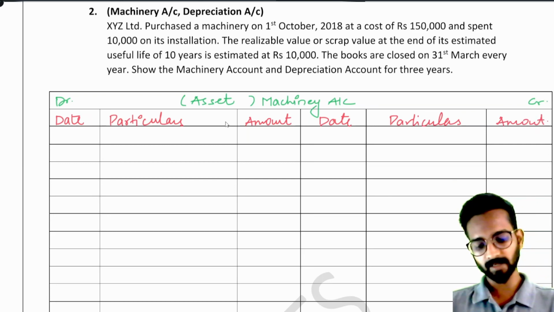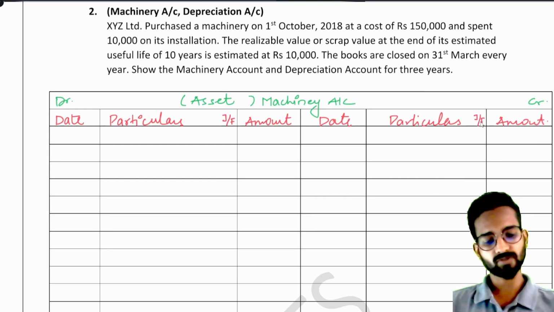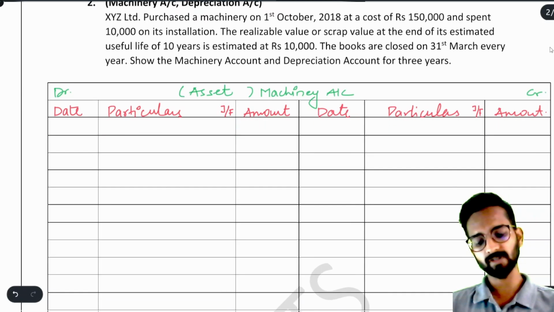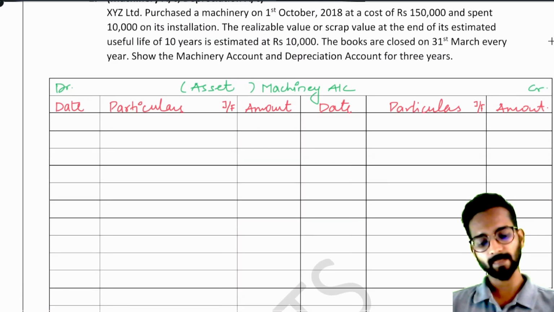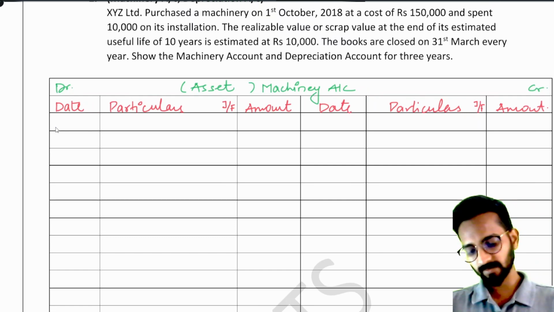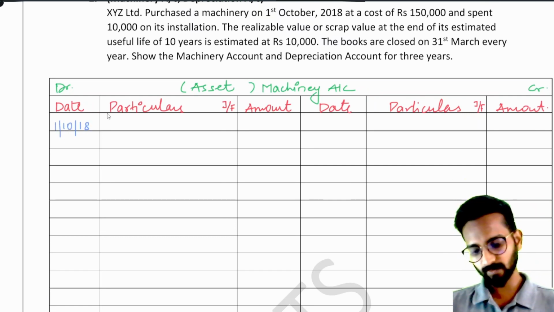Now someone might argue that there is a column for journal folio also. You can just prepare a column, that is of no use. Journal folio, we never use, it is never given in the question. Now we purchased on 1st October, so the date is 1st October 2018 at a cost of 1,50,000.